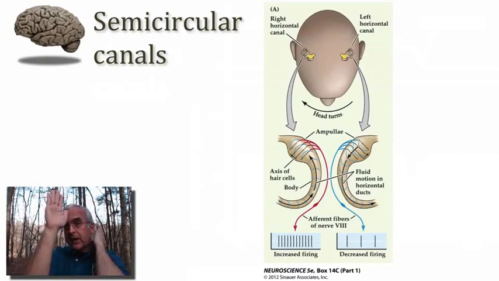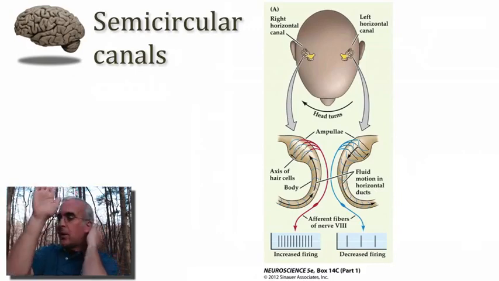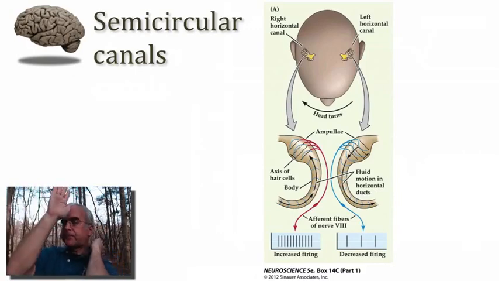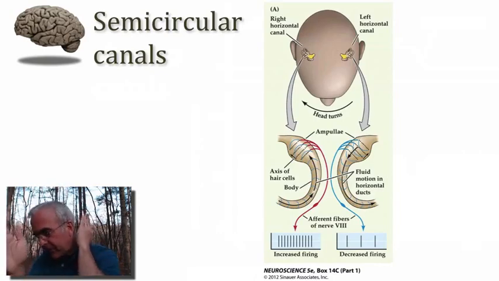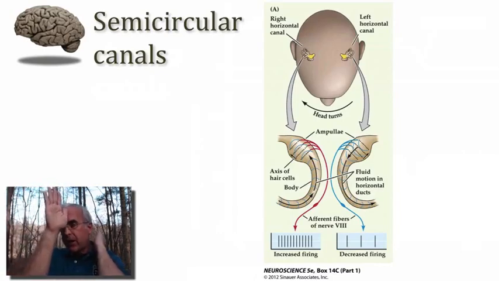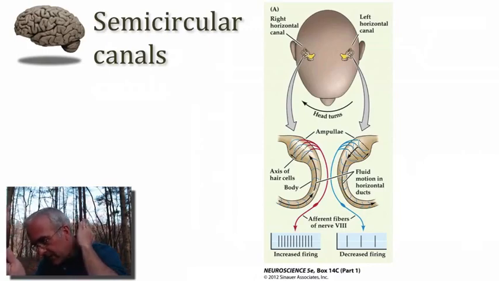My right superior canal will be a functional pair with my left inferior canal. So to activate these functional pairs, I would need to rotate my head within this plane, orthogonal to the axis of rotation defined by this orientation. This forward tilt to the right would activate my right superior canal and deactivate my left inferior canal.